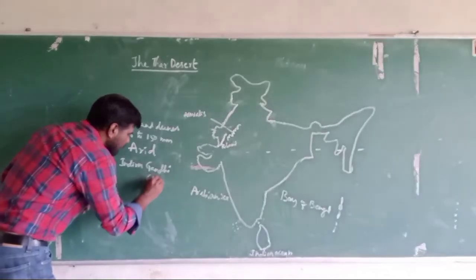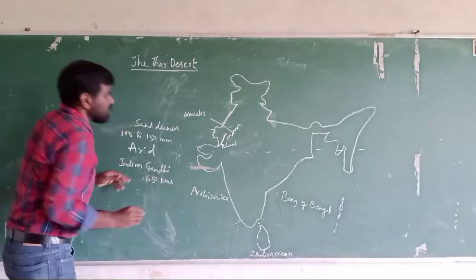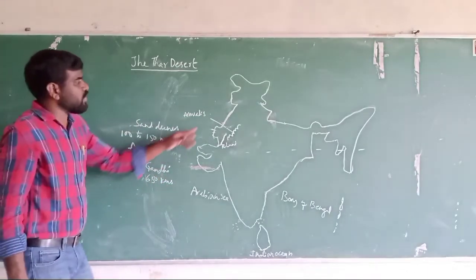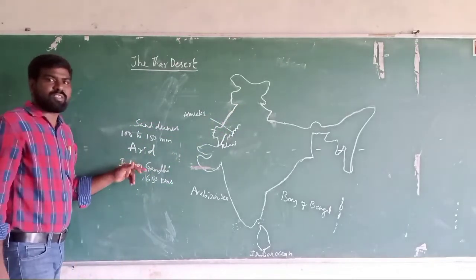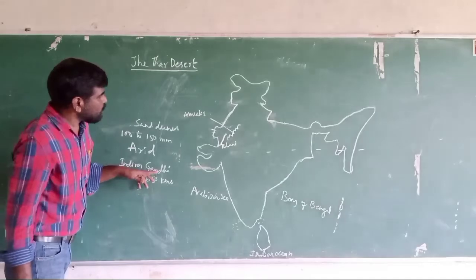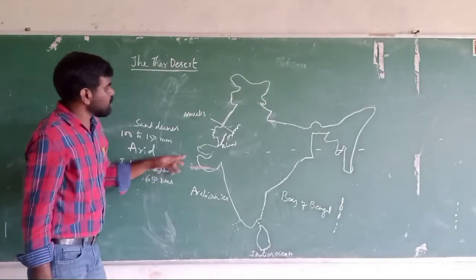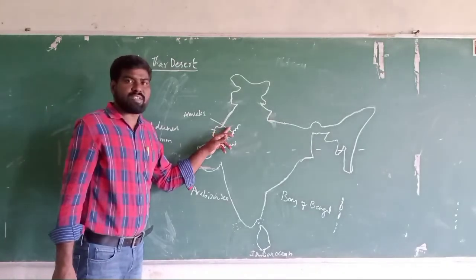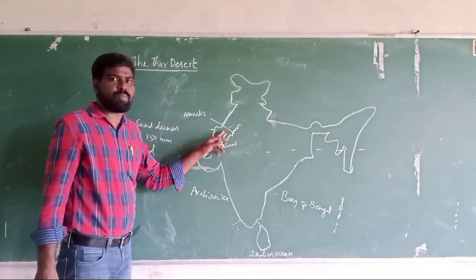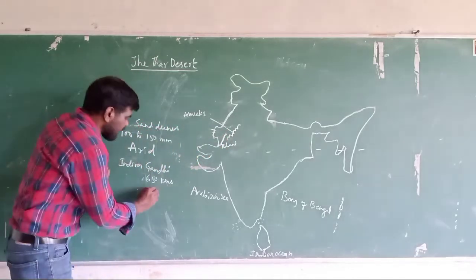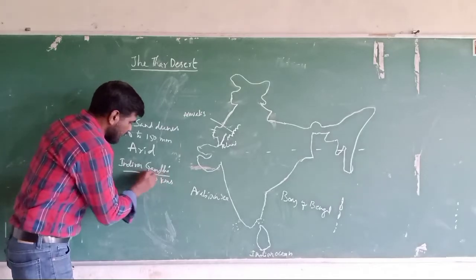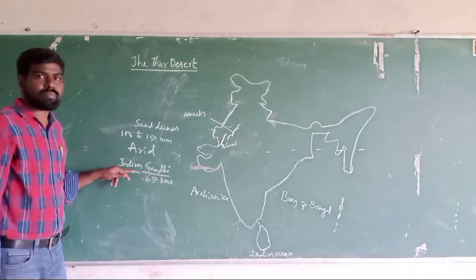It is 650 kilometers long, drawn from Punjab to Rajasthan. This canal provides water to the desert lands and has brought much of the desert land under cultivation.